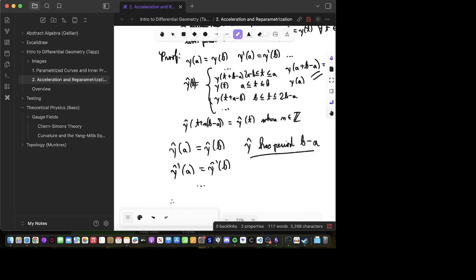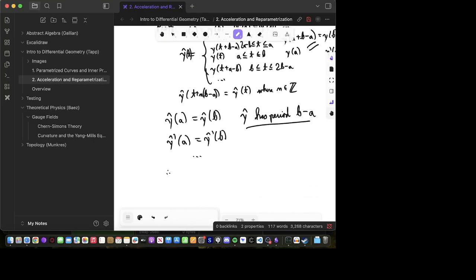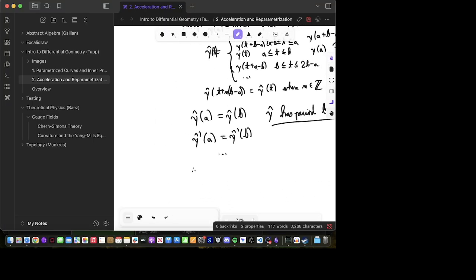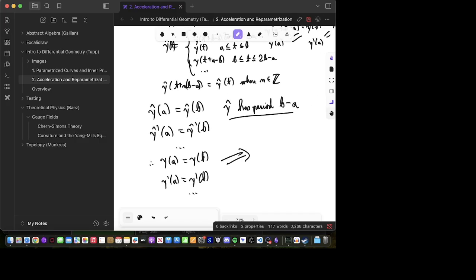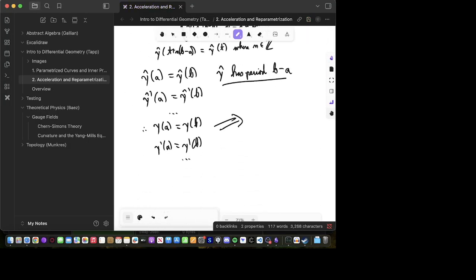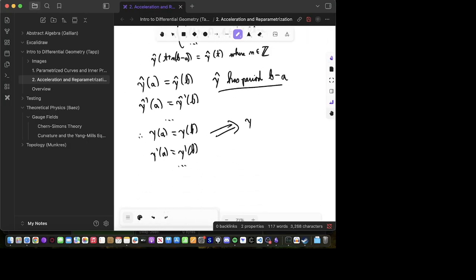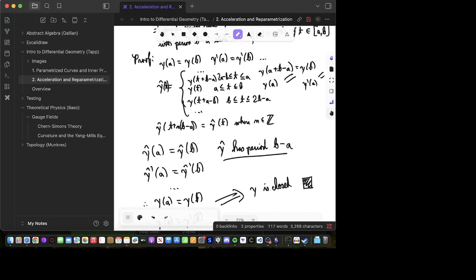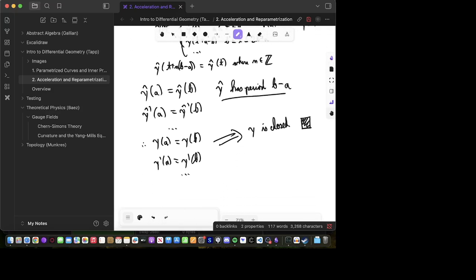Therefore, gamma of A equals gamma of B, and gamma prime of A equals gamma prime of B, and so on. So by the definition of a closed curve, gamma is closed, and also regular because gamma hat is regular.